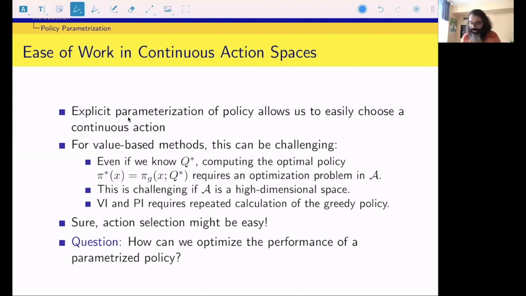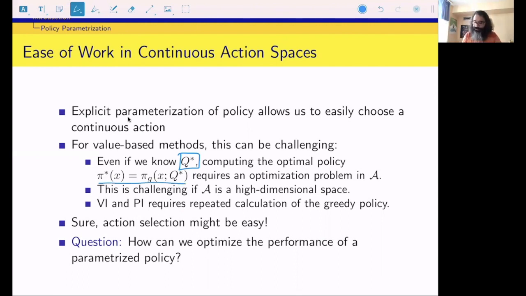The reason to see why is that, suppose you know the optimal action value function, so I give it to you, but the action space is continuous, for example R10. How are you going to compute the optimal policy? We are going to compute the greedy policy, and that would be optimal.